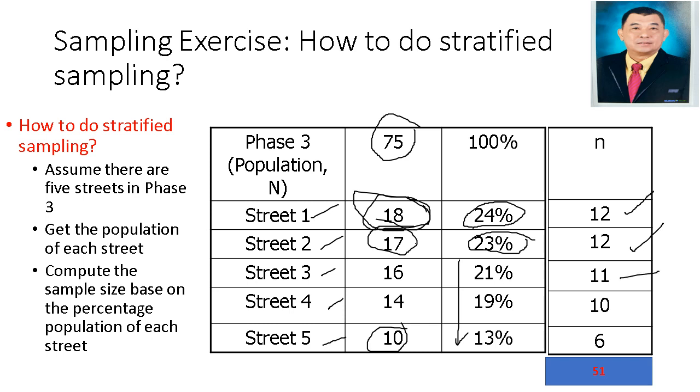Then 11 in street number 3, street number 4, and street number 5. So, the total of the sample size is 51, the same also as the Slovin's formula sample size that we got from the interval and simple random sampling. So this is how you process your stratified sampling technique.